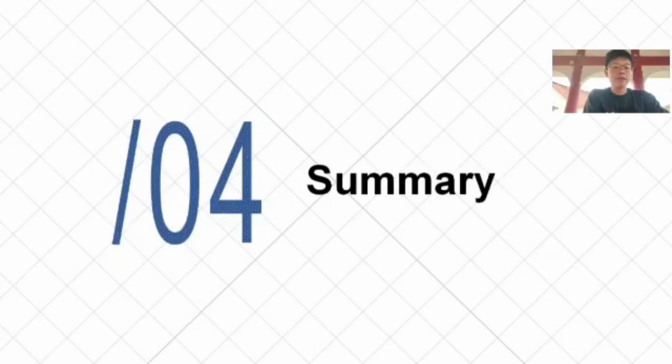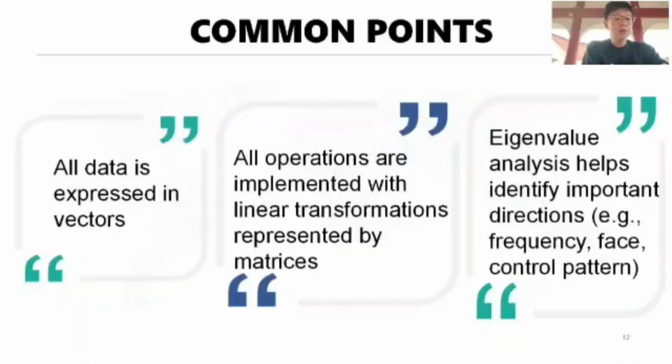Summary. In summary, across all these domains, linear algebra serves as the unifying language. Vectors represent data, and matrices represent transformations. Whether we are processing audio, images, or robot movement, linear transformations and vector spaces give us control, insight, and efficiency.